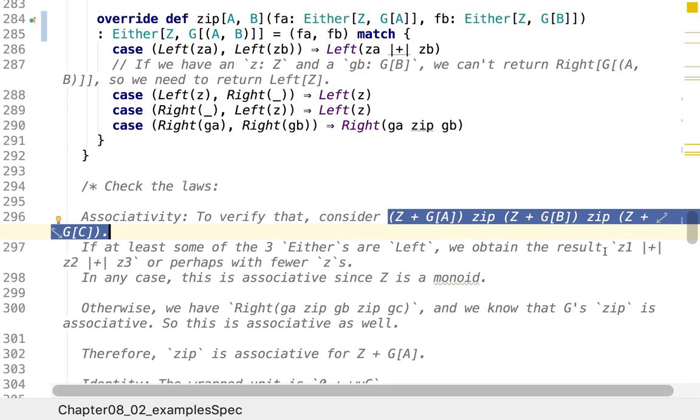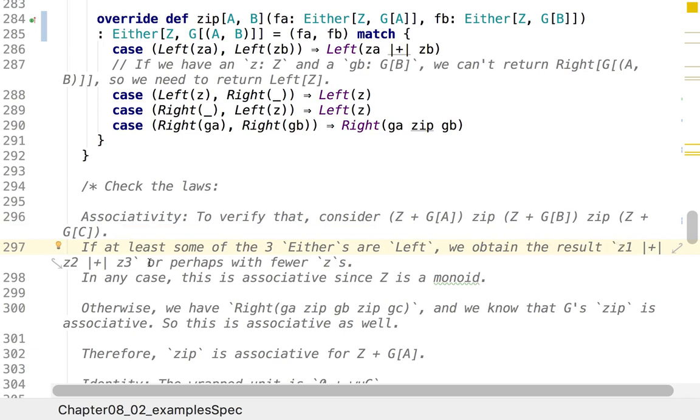So therefore, we will obtain a result which is going to be a monoidal operation on all of the z's that are on the left, ignoring everything that's on the right. We could have 3 z's, 2 z's, or 1 z, but that's all. So that's obviously associative, because it doesn't depend on the order of parentheses, and because z is a monoid. And so this operation is associative in the monoid.